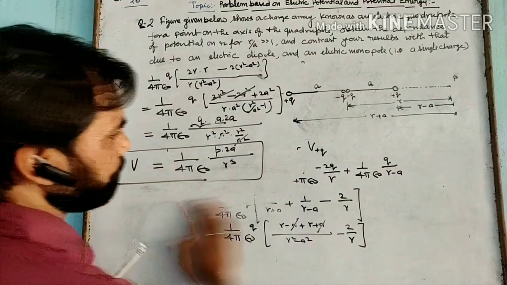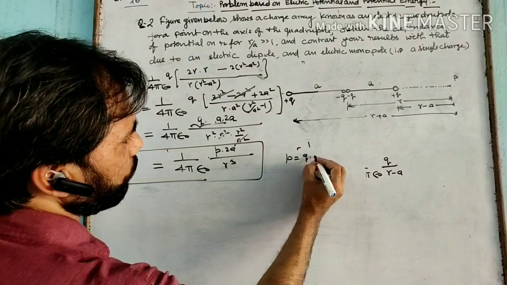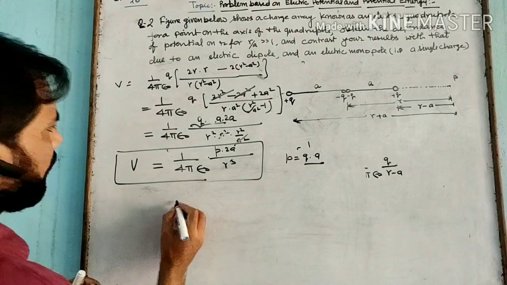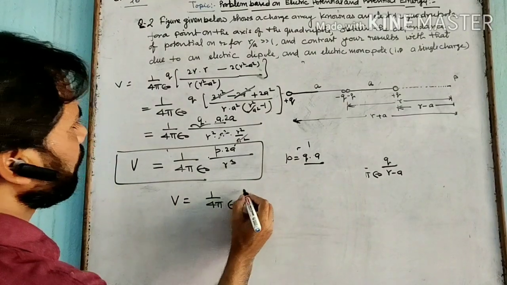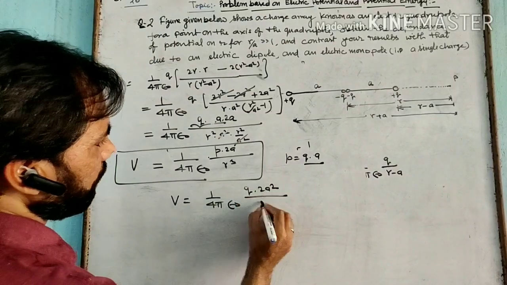So we have V is equal to 1 upon 4 pi epsilon 0 Q into 2a square upon r cube.